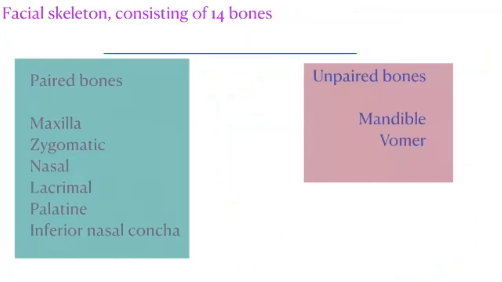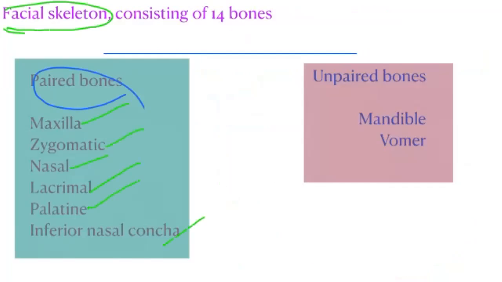And coming to the facial skeleton, the splanchnocranium: maxillae, zygomatic, nasal bone, lacrimal bone, palatine bone, and inferior nasal concha are paired ones. Unpaired bones are the mandible and vomer.